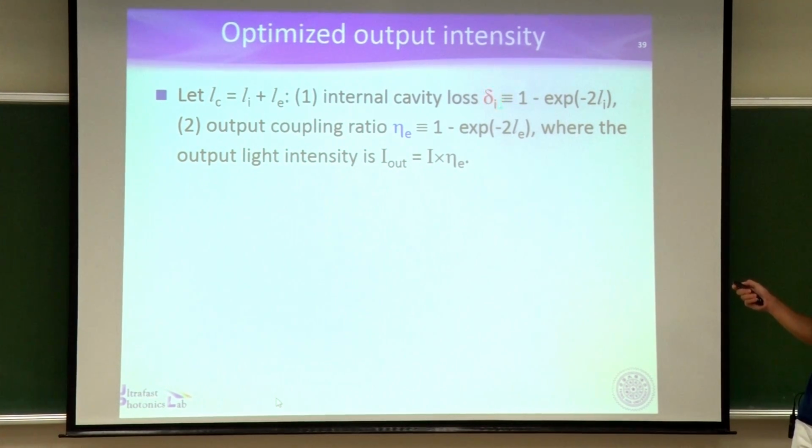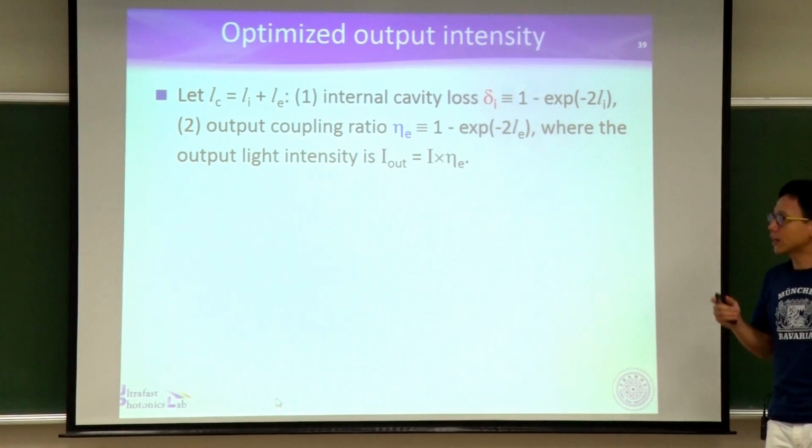And this number, internal cavity loss, denoted by delta sub I, is related to the loss coefficient Li by this relation. If you have a very big loss coefficient Li, this term is close to 0, right? Then your internal cavity loss, delta I, is close to 100%, high loss. So the bigger the Li, the larger the internal cavity loss.